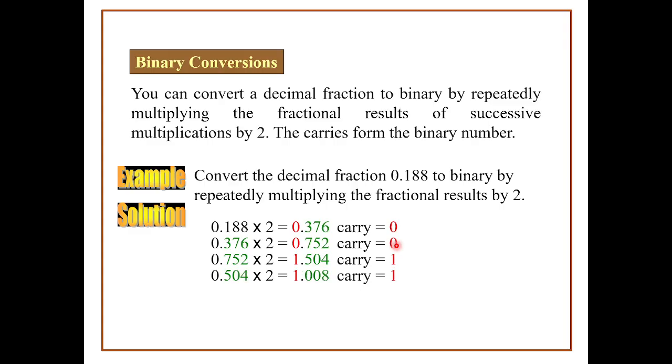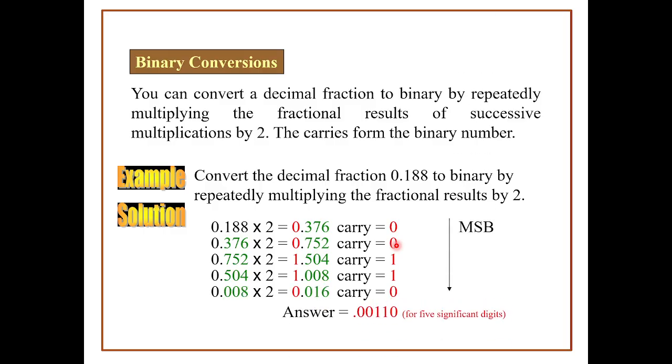Same thing over here, 0.504 multiplied by 2, you get 1.008, so it carries 1. So you keep on going, and here 0.008 multiplied by 2, you get 0.016, carry 0. So now the answer for the decimal we can say is 00110 for 5 significant digits.